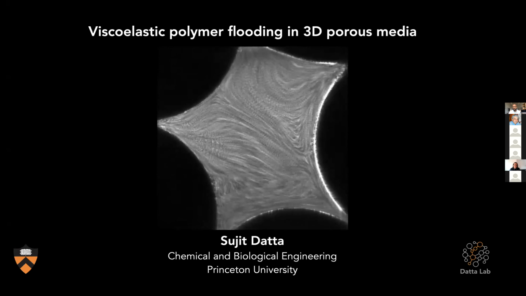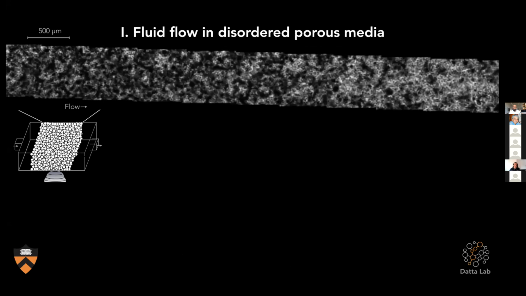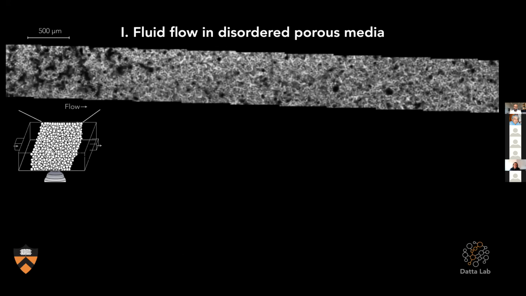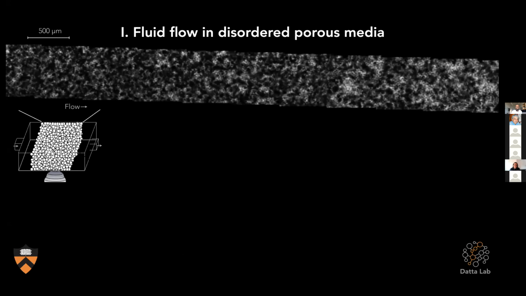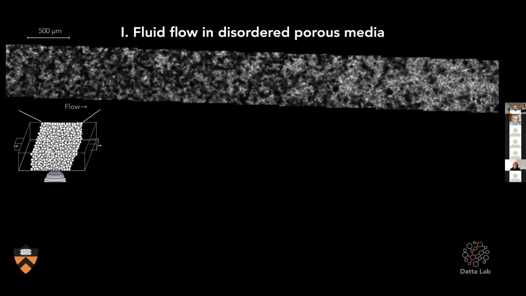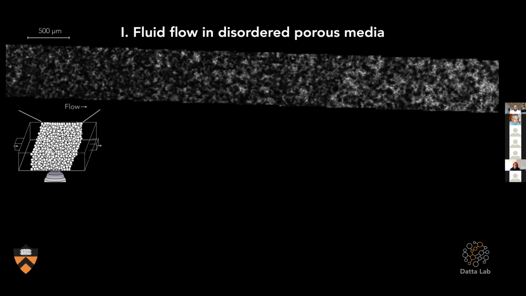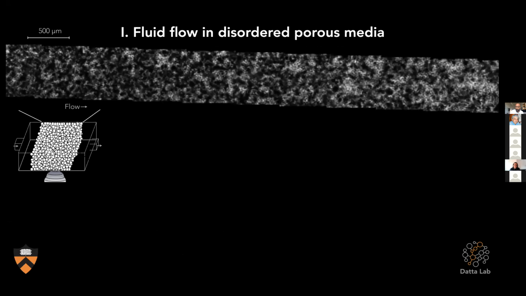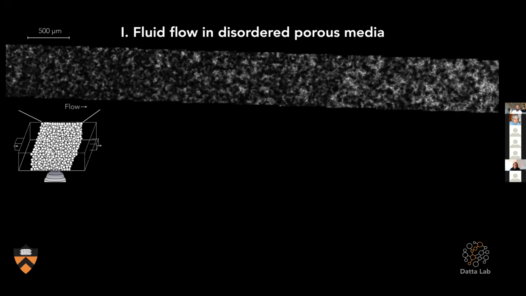First, I just wanted to give you a quick overview of the work that my group does before I tell you about this specific topic. As Marcio mentioned in his talk, broadly speaking, my lab studies the dynamics of soft and living matter in complex and porous media. There are three areas that we focus on in particular.